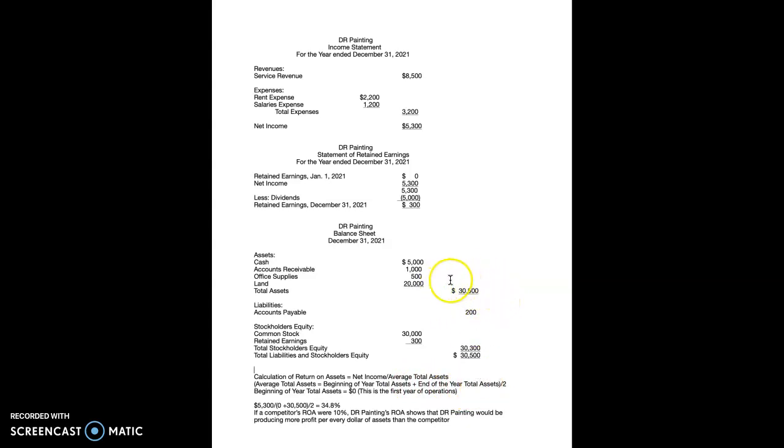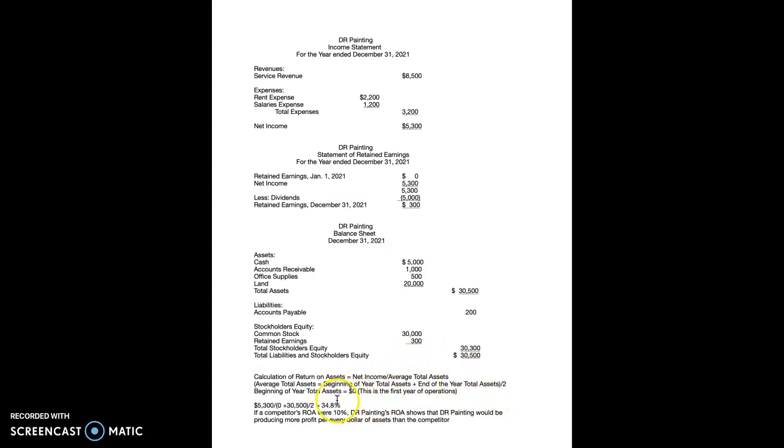There's my end of the year total assets. All right, so average total assets, beginning of the year total assets plus end of the year total assets added together divided by 2. That's what average total assets means.